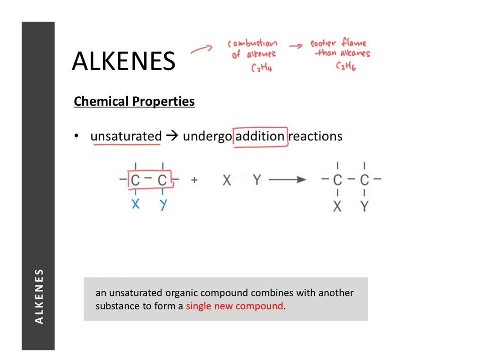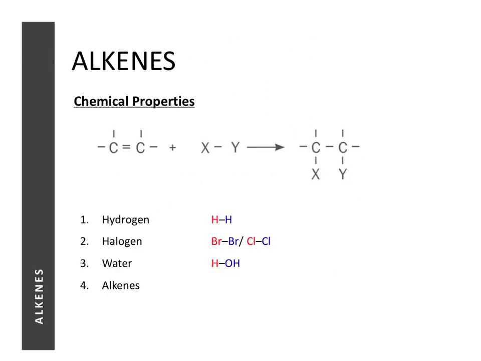So alkenes undergo addition reactions because they are unsaturated. Now, what things can we add to an alkene? We can add 4 things. We can add hydrogen, we can add halogen, meaning chlorine or bromine, we can add water, we can add another alkene. Now we'll look at 2 things.